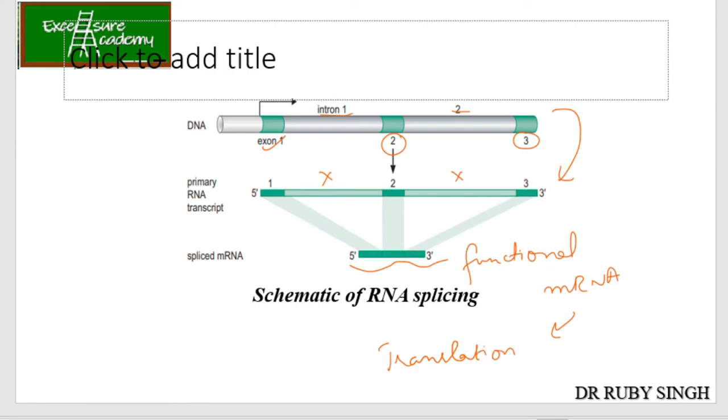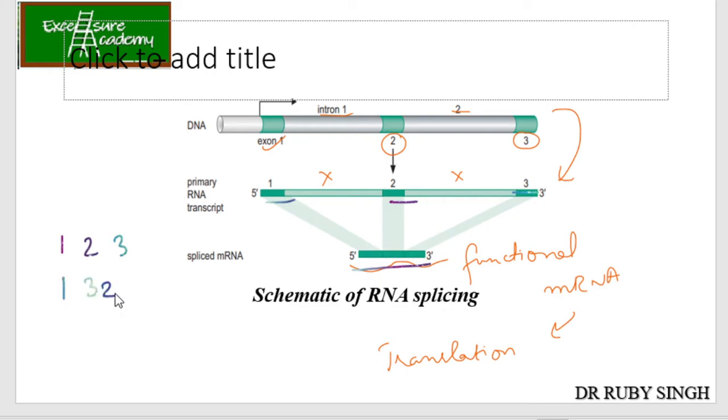Here you can ask one more question. From the same portion of the DNA, you can have different probabilities of the exons forming the functional mRNA. It means that you can form 1, 2 and 3 as one functional mRNA. You can also have 1, 3 and 2.